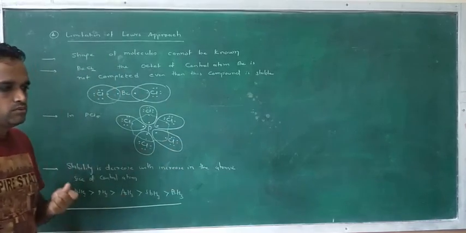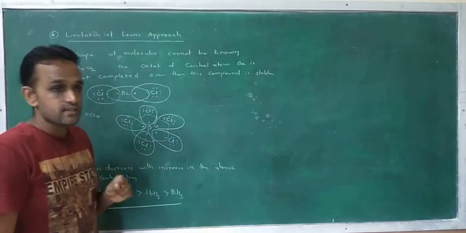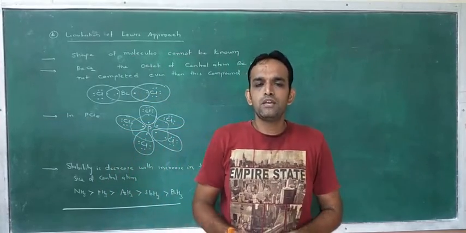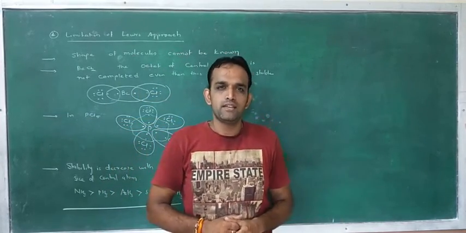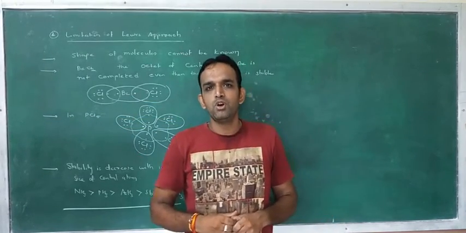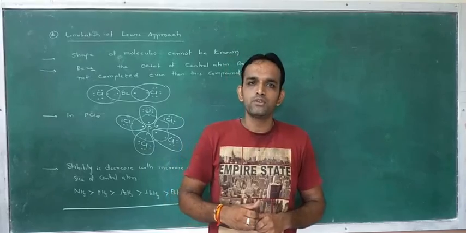Now, today we are going to discuss the types of covalent bond. Basically, there are three different types of covalent bond. One is the polar covalent bond, the second is the non-polar covalent bond, and the third is the coordinate covalent bond.